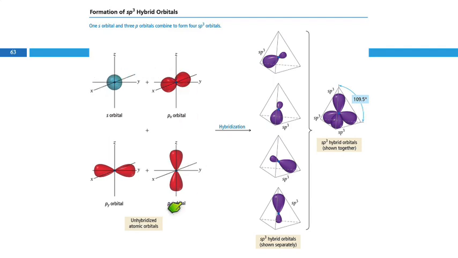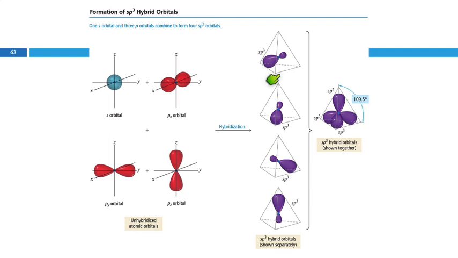So let's look at these orbitals and what shape these might have. So these are our standard orbitals. We've got the S orbital and the P orbitals that are kind of dumbbell shaped, and they're perpendicular to each other. So you kind of have to use your imagination here. But if we took these 4 shapes and averaged them together, we're going to get 4 shapes that are the same, and they're going to be spaced out equally.